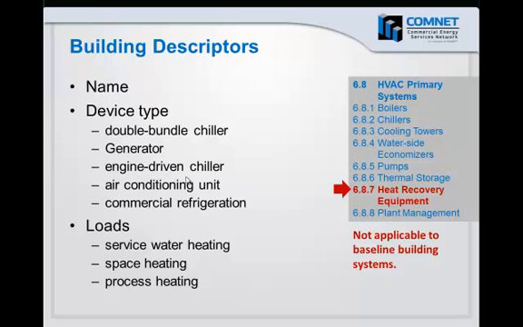The building descriptors include the name, the device type, where you're getting the heat. It could come from a double bundle chiller, a generator, an engine-driven chiller, an air conditioning unit, or from commercial refrigeration systems. And then you indicate where the recovered heat is directed: to the hot water system, to the service water heating system, space heating, or to some process load.